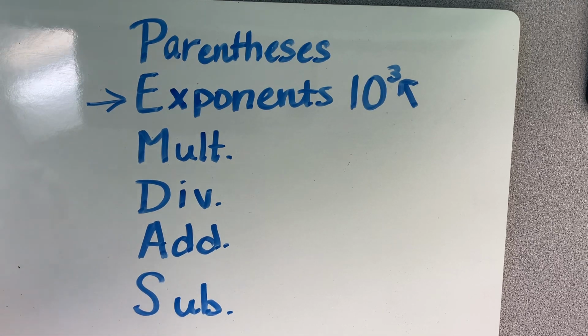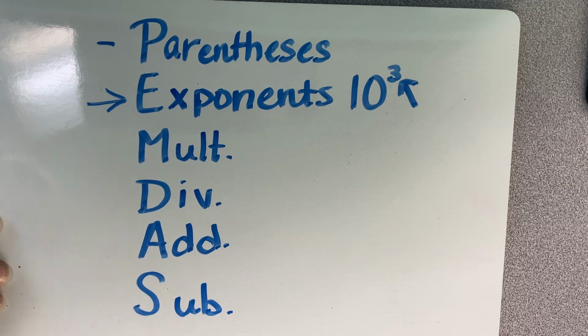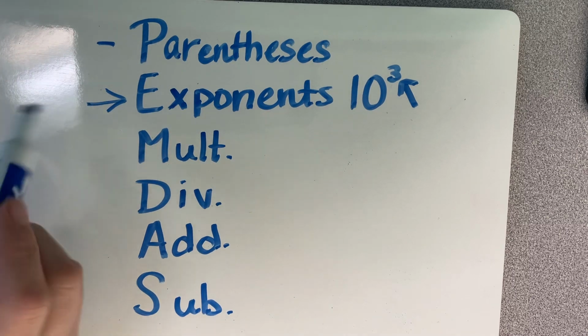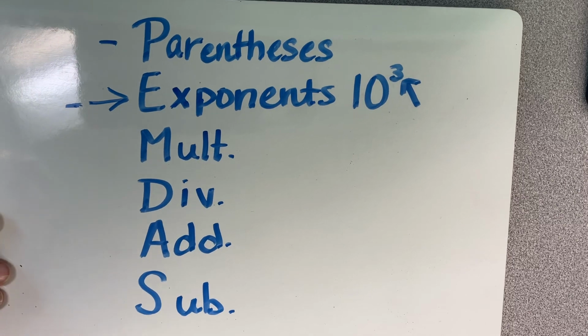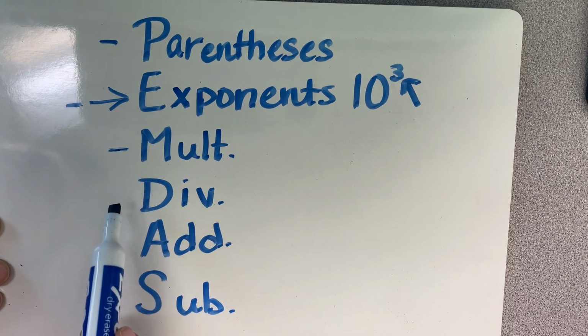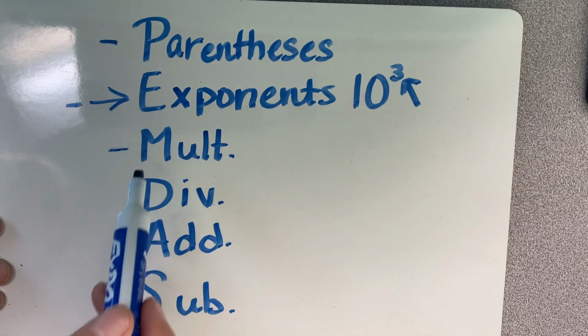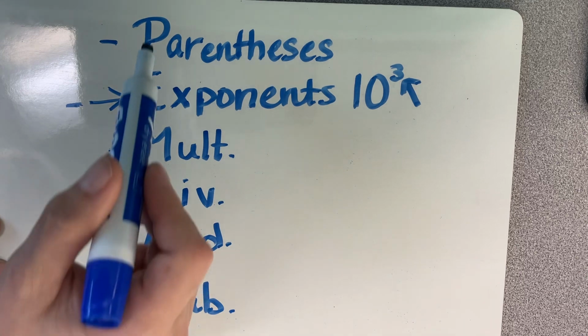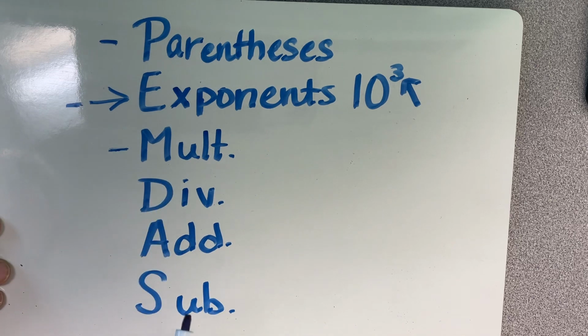Now, not every problem is going to have all of these things in it. Not every problem will have parentheses, so we can skip that step and move to the next one. I've already told you none of our problems today will have exponents, so we're going to skip that one entirely. But maybe your problem doesn't even have multiplication. Maybe it starts with division. So you would skip these steps and come down to division if there are no parentheses, no exponents, and no multiplication.